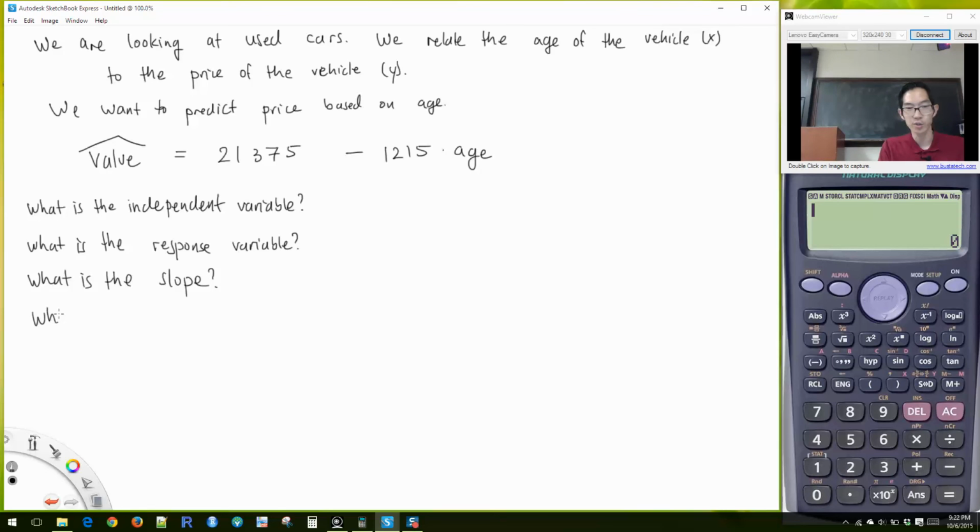And what is the interpretation of the slope? Okay. And then we'll ask what is the intercept? Okay, and its interpretation.